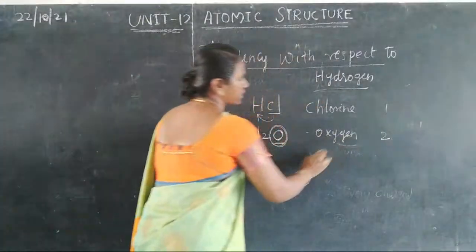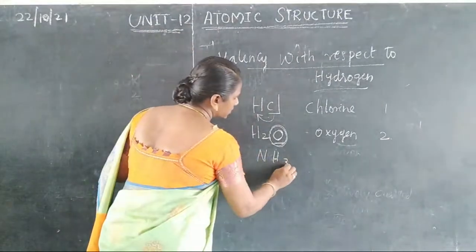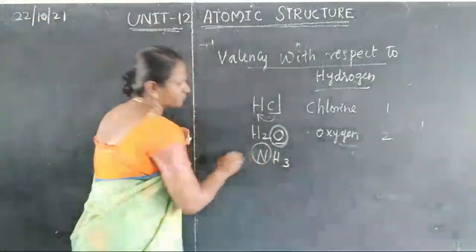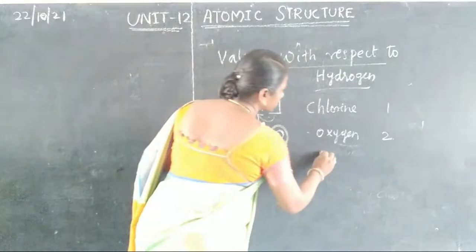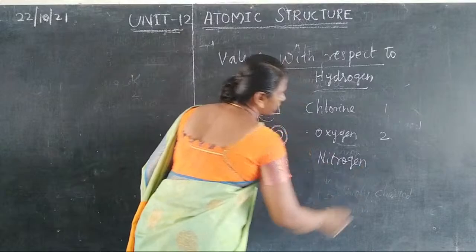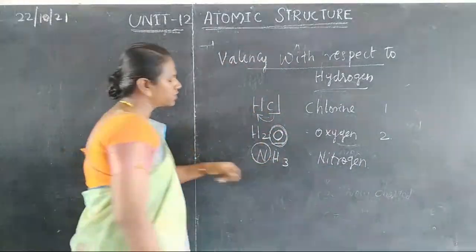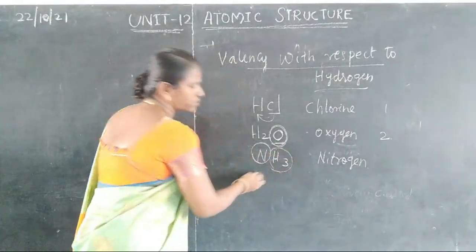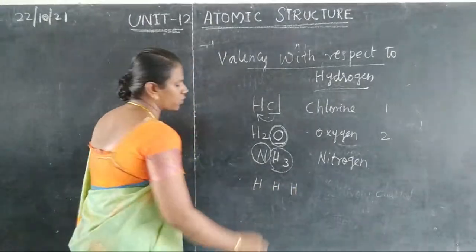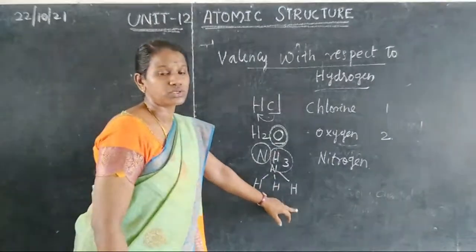Next, ammonia, NH3. Here, which atom is combined with hydrogen? The nitrogen atom is combined with the hydrogens. Three separate hydrogens are there, so one N is combined with 3 hydrogens.